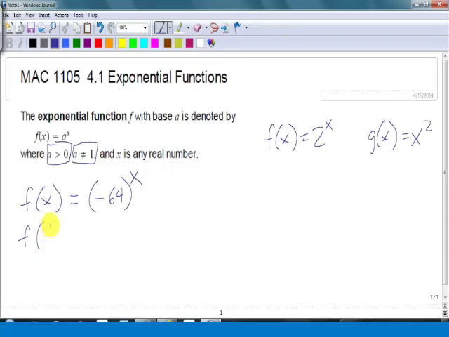F of 1/3 would not be a problem. Somebody makes sense of the expression negative 64 raised to the 1/3 power. What does that mean? We don't talk about fractional exponents that much in this course, but in the last algebra course you took, probably, they hit them hot and heavy.